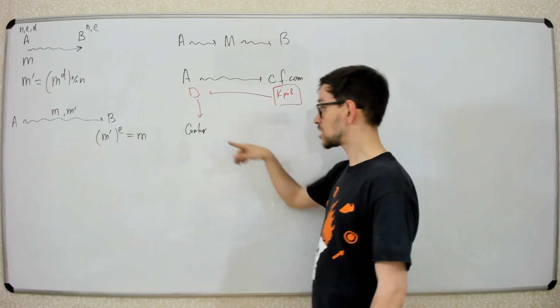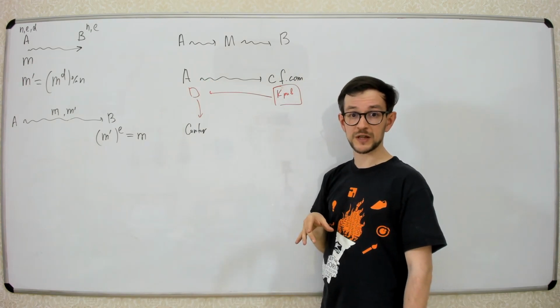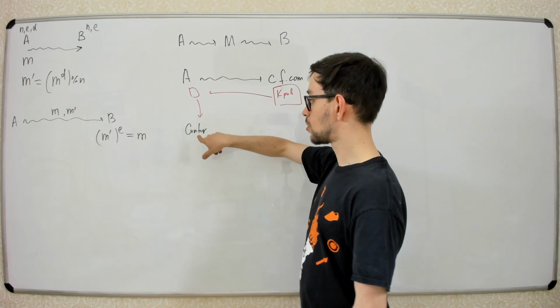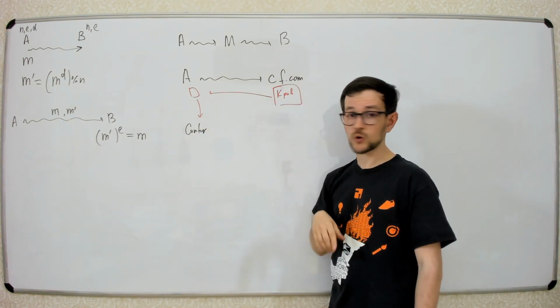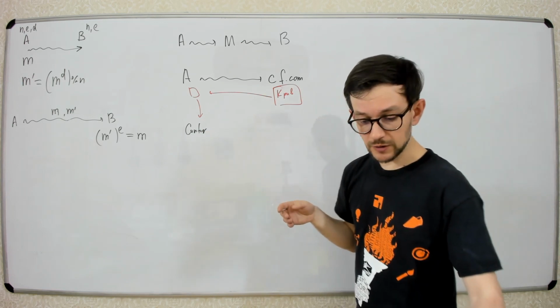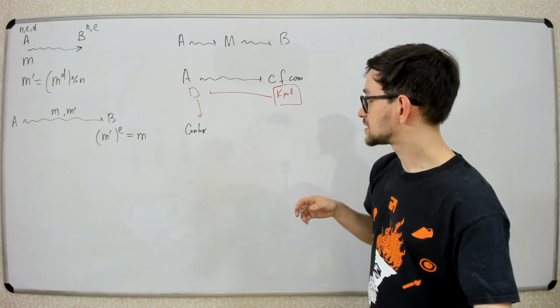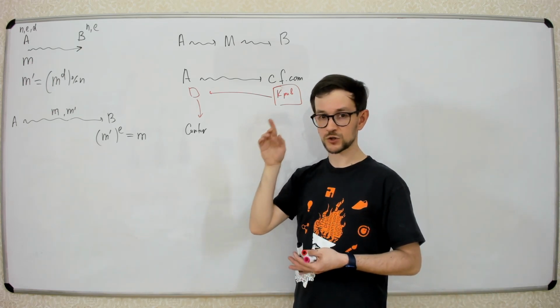To contact the certification center, again, you need some encrypted connection. To have this encrypted connection, you need to know the public key of this certification center. So you have the same problem again. So it ends at some point. It ends like that. Some certification centers are actually installed right in your computer.